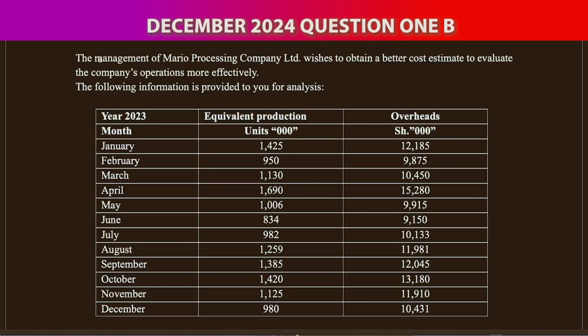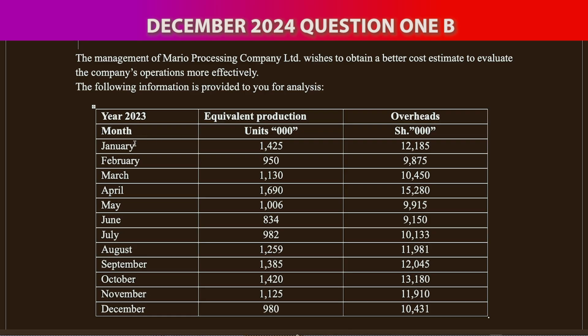They are stating: the management of Mario Processing Company Limited wishes to obtain a better cost estimate to evaluate the company's operations more effectively. The following information is provided to you for analysis. You have your year and the month, the equivalent production units in thousands, your overhead shillings in thousands.